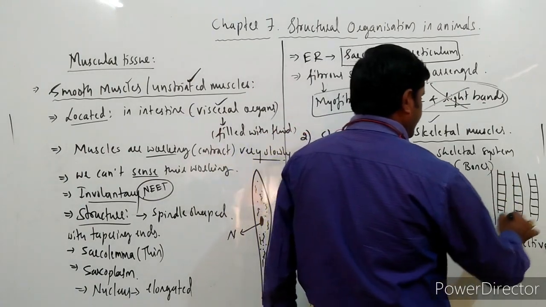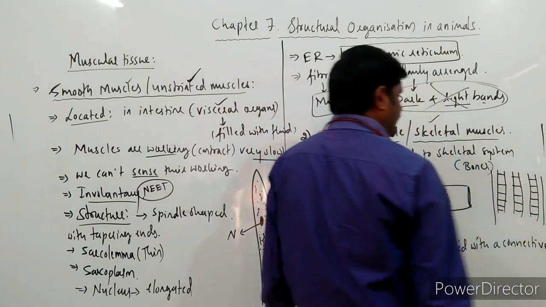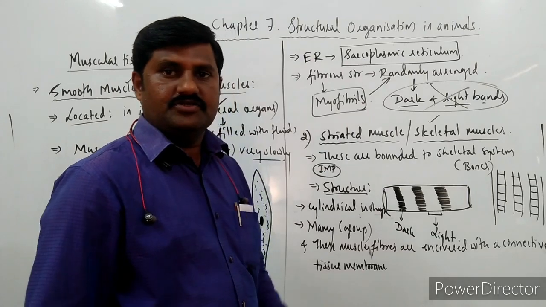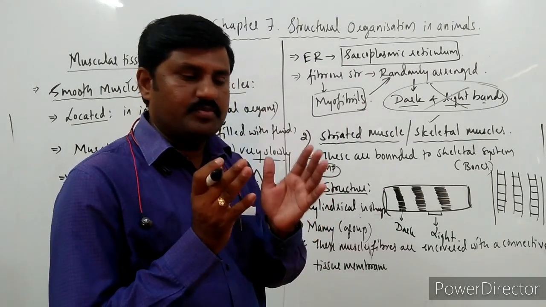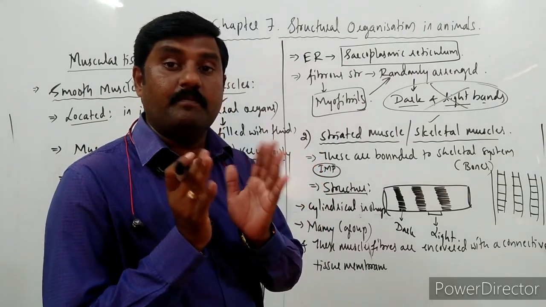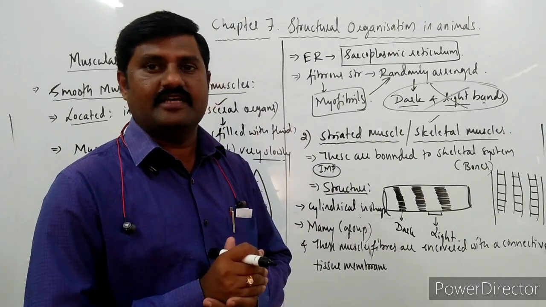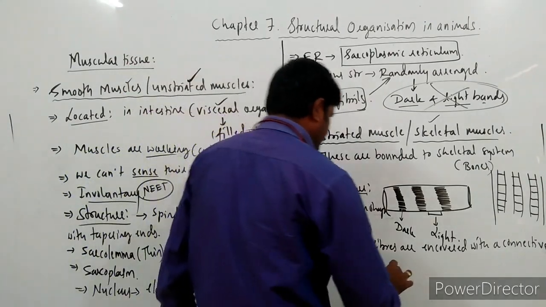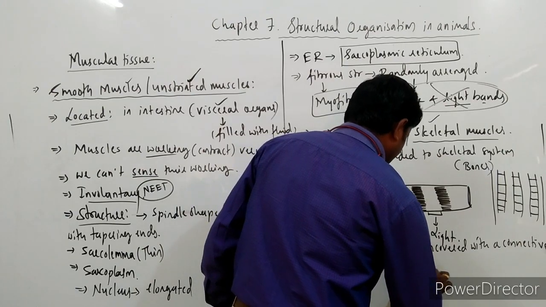They are covered with a membrane, and that connective membrane makes the group of these muscles into a bundle, and it is called a fascicle. What is it known as? Fascicle.